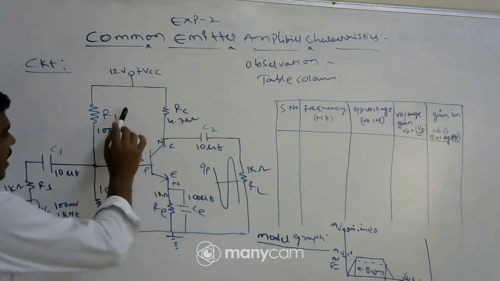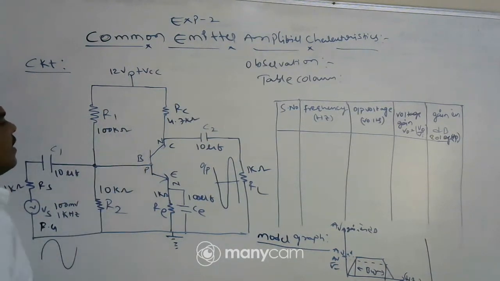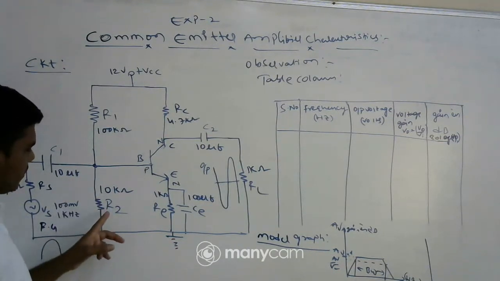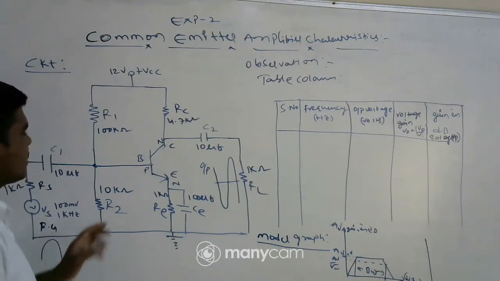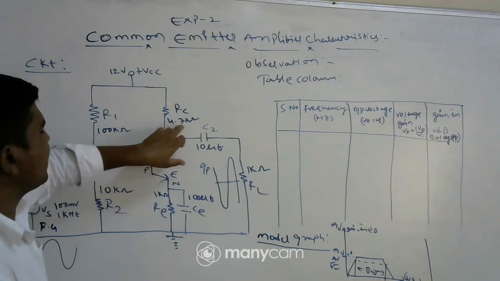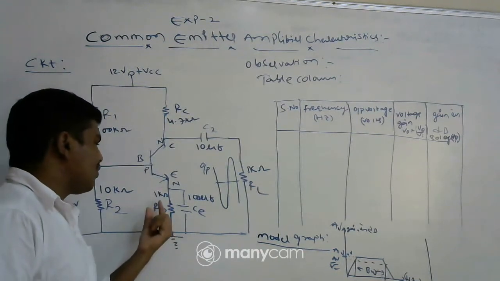R1 and R2 are biasing resistors: for R1 we take 100 kilo ohm and for R2 we connect 10 kilo ohm. This is a current limiting resistor of 4.7 kilo ohm, and the stability resistor is 1 kilo ohm.